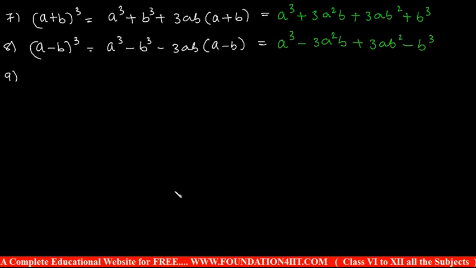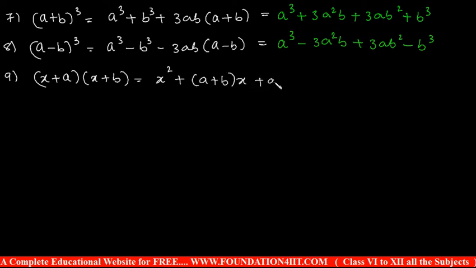Let me give more. If we take x plus a, where x is a variable and a is a number, then x plus a into x plus b is equal to x square plus a plus b into x plus ab. We are going to use these formulas also. Again, somewhere we have x plus a into x minus a; if you change the sign, there is a formula. This main thing you remember.